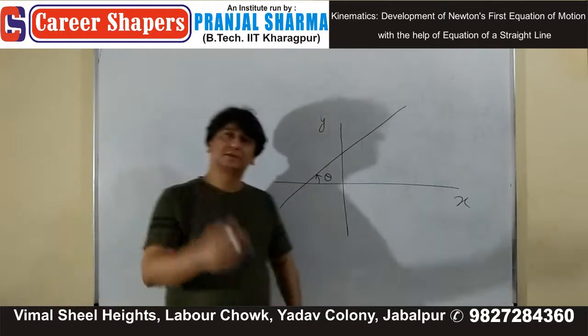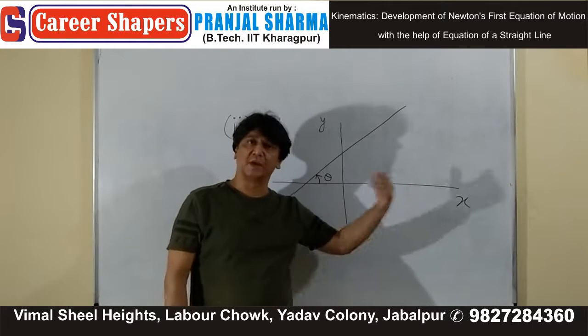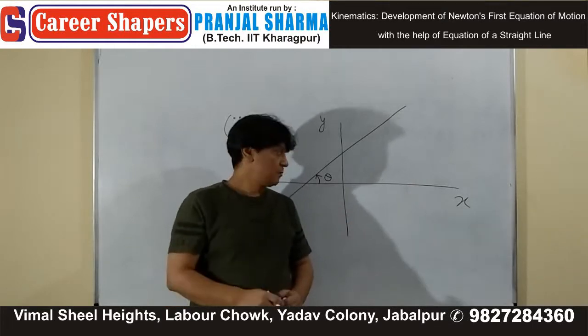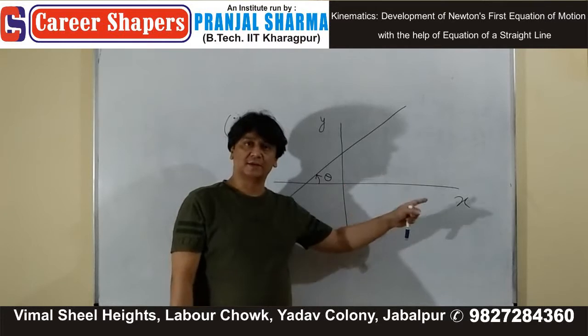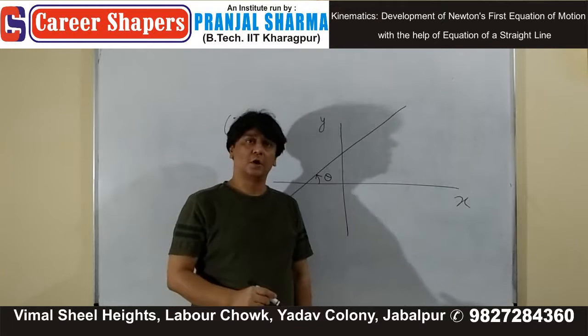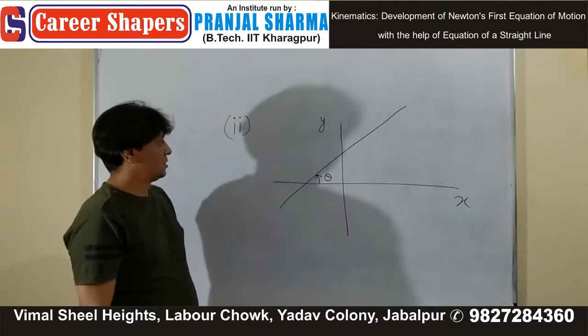When I say x-axis, it means the horizontal axis. It can be time, it can be any axis. Do one thing: which makes an angle of theta with x-axis. After this, inside the bracket, write down horizontal axis.